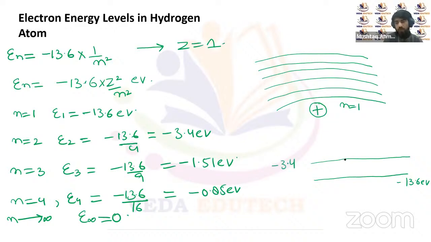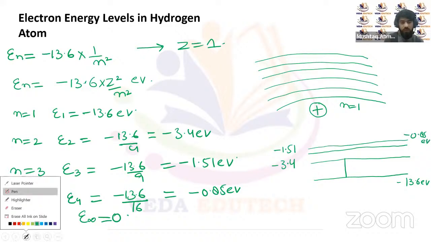Now the gap between the energy levels is going to decrease. This will be the gap, and the next level will have energy minus 1.51 electron volt. Now this gap will further decrease, and this energy level will have energy equal to minus 0.85 electron volt. This gap is going to further decrease continuously till infinity.